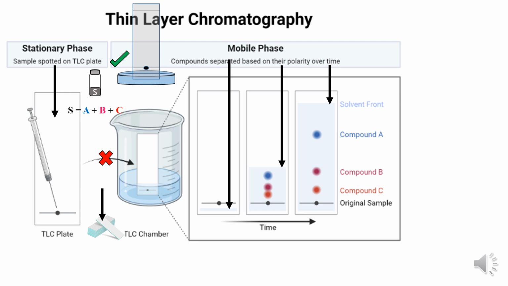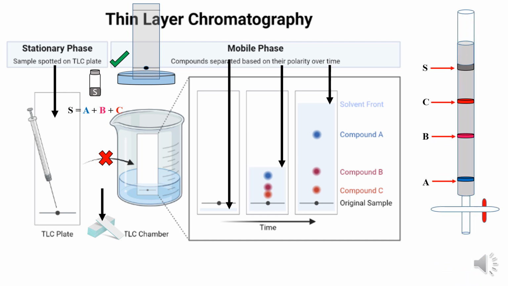Now the principle that TLC works on is adsorption. So the principle of separation in case of TLC is adsorption of the compound over the stationary phase during the separation process. Now the principle is one and the same both in case of TLC as well as in case of column chromatography.